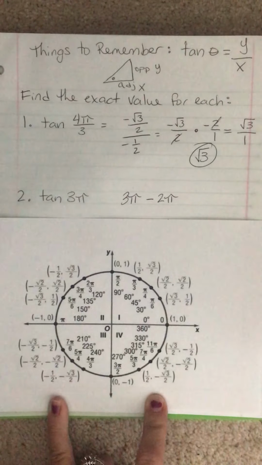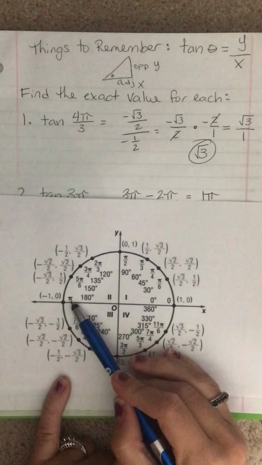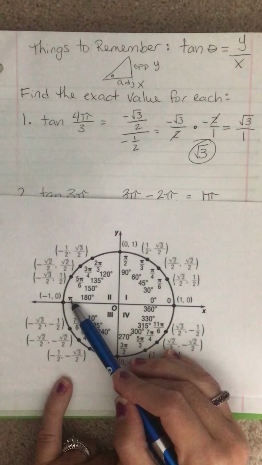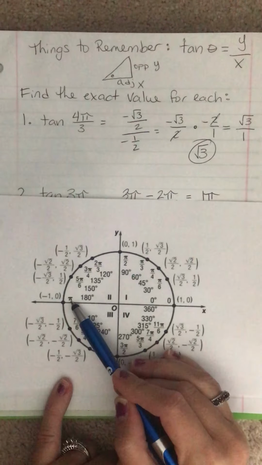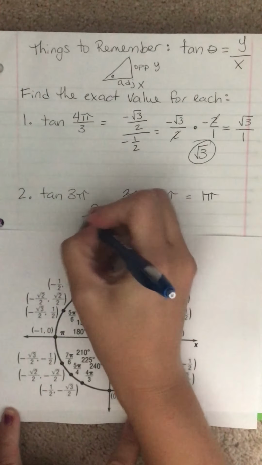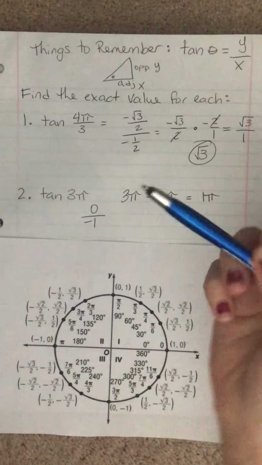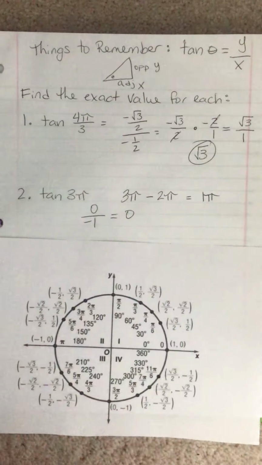So 3 pi minus 2 pi leaves us with 1 pi, or simply just pi. And again, because we are finding the tangent, we take y over x. So we have 0 over negative 1. And when 0 is in the numerator, that gives us a value of 0.